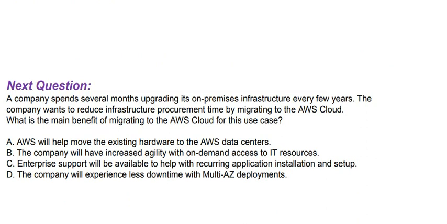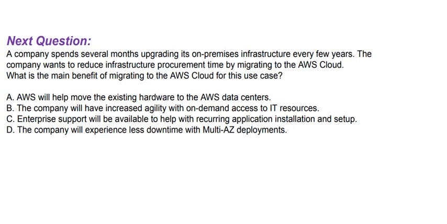Option B: the company will have increased agility with on-demand access to IT resources. Option C: enterprise support will be available to help with recurring application installation and setup. And option D: the company will experience less downtime with multi-AZ deployments. The correct answer is option C.